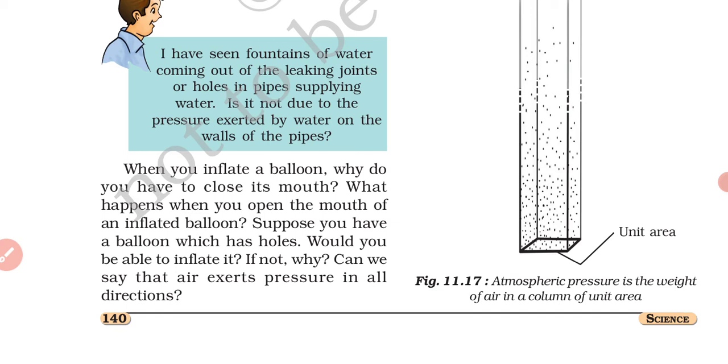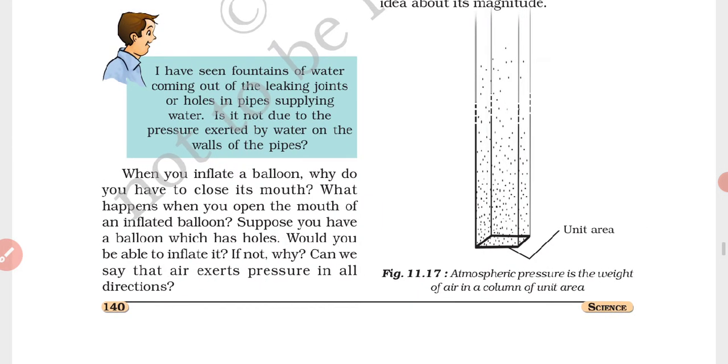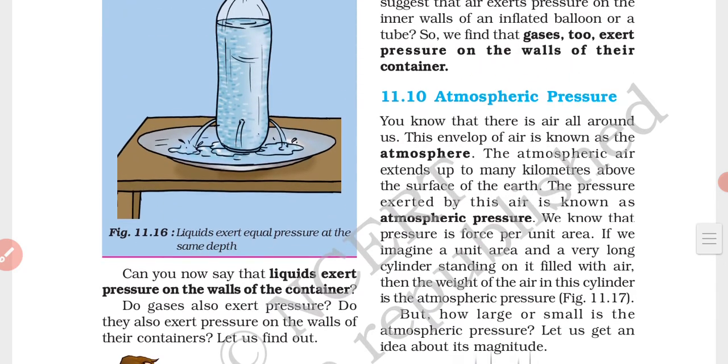So if we open the mouth of an inflated balloon, then the air will get out from the inflated balloon, right? And it will not get inflated. So if the air gets out, then ultimately it will not exert pressure on the walls of the balloon, so it will not be able to inflate it, right?